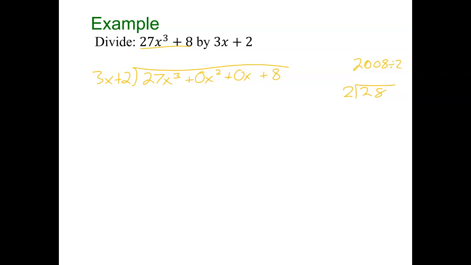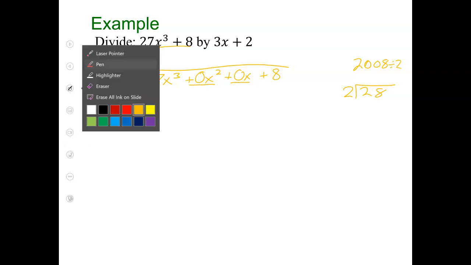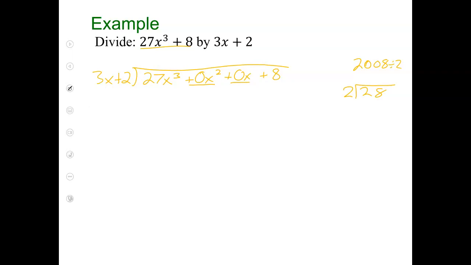I need to put in placeholder zeros because I don't have a squared term and I don't have a linear term. I only have a cubic and I have a constant, but I'm missing the two terms in the middle. So I have to put a placeholder 0, and you'll see in a second why. Okay, so let's start the process.